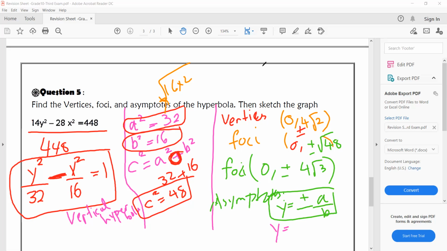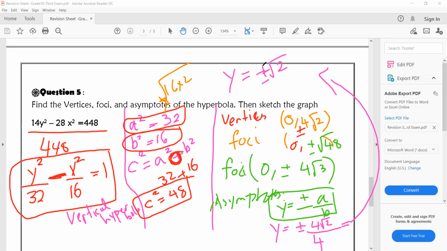So y is positive negative square root of 32 over b, which is square root of 48. So the asymptotes will be y equals positive negative 2. Teacher, can I make it y equals positive negative square root of 32 over square root of 48? Yes, you can write it like this also.